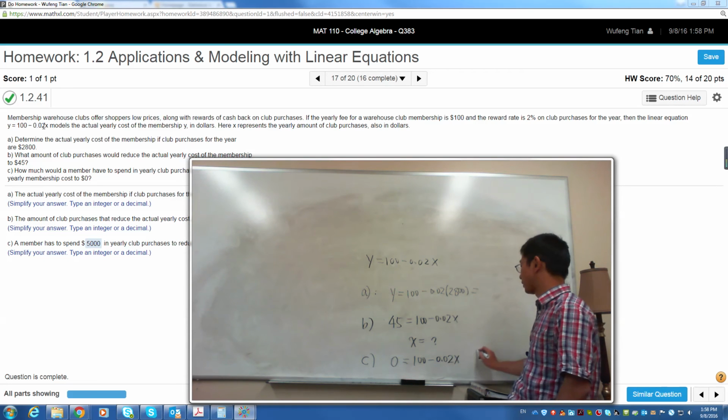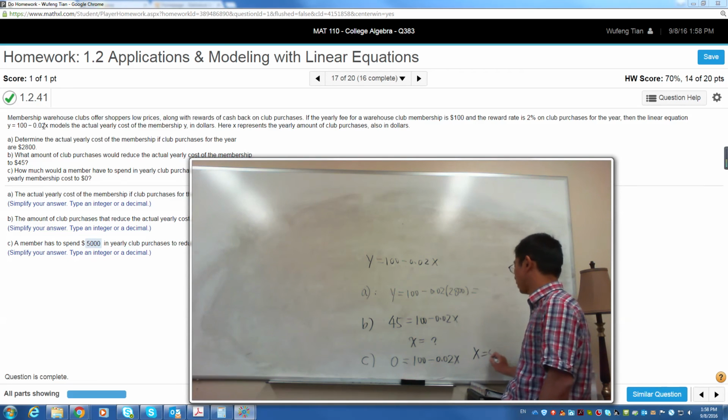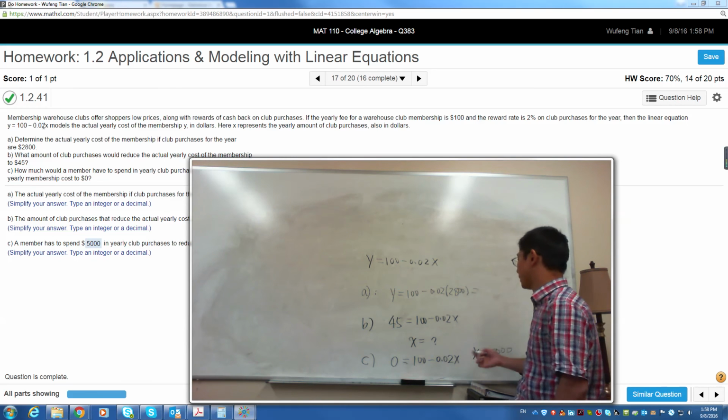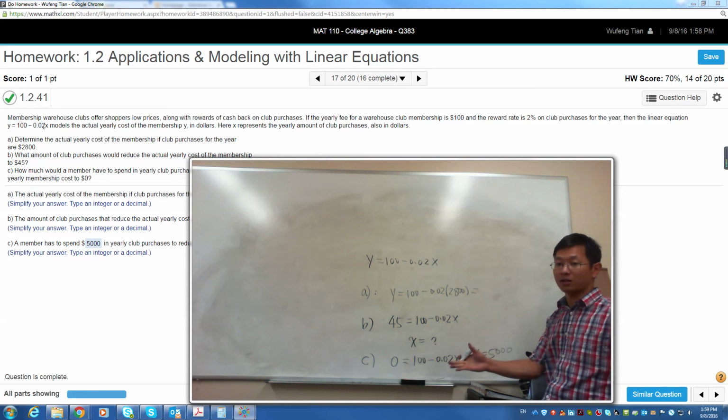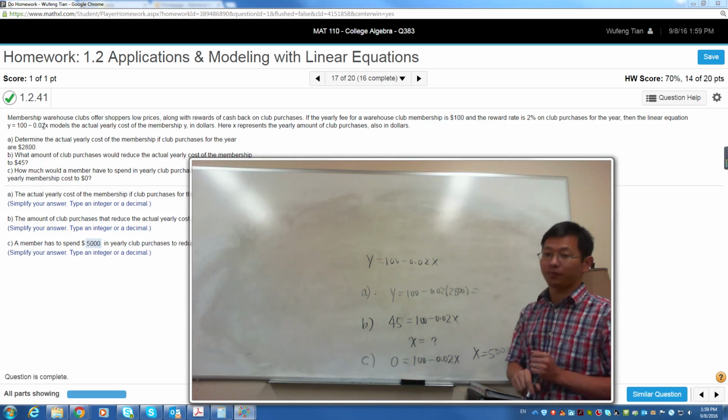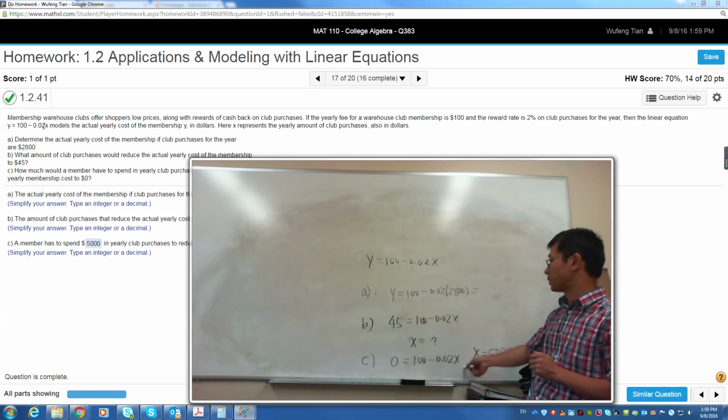Okay, then you solve for x. This one is pretty simple. You got x equals 5,000. Basically, if you spend 5,000 a year, you're going to get $100 cash back. And you can use that $100 cash back to pay that membership fee, which means you paid nothing for the membership. Okay, that's what it means.